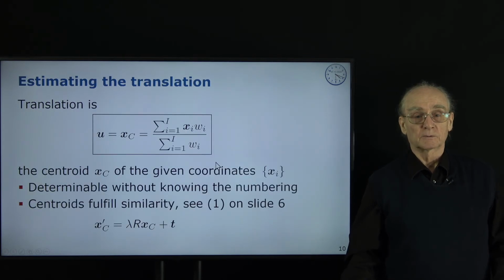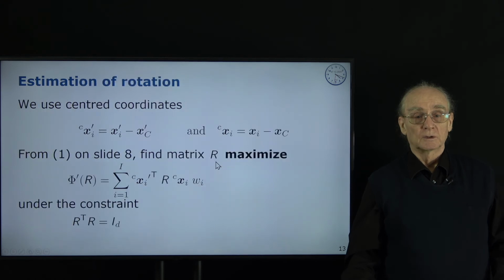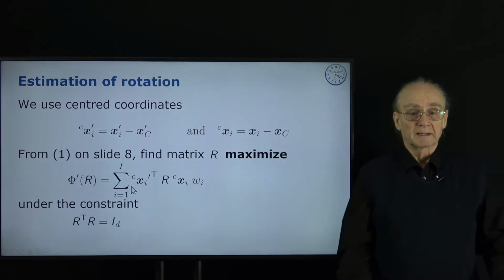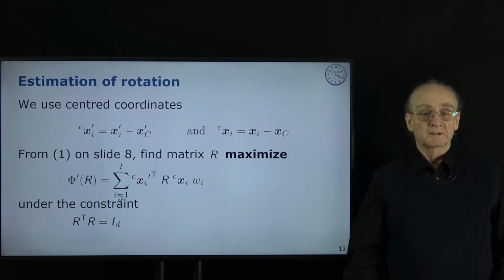So this is exactly what happens here. So we need to maximize the sum of the centered coordinates of the given points multiplied with the rotation multiplied with the centered coordinates of the observed points, under the constraint, of course, that R is a rotation matrix.